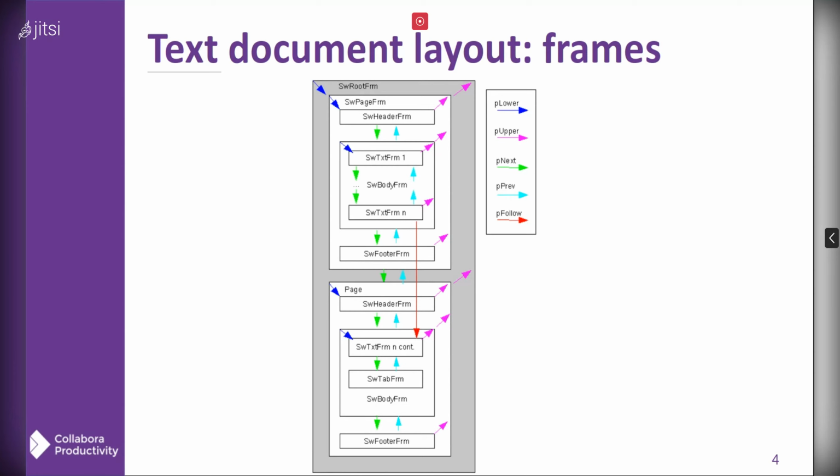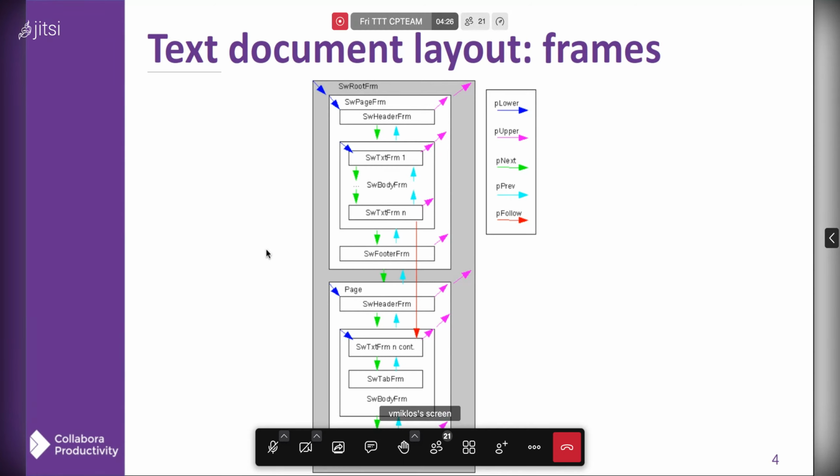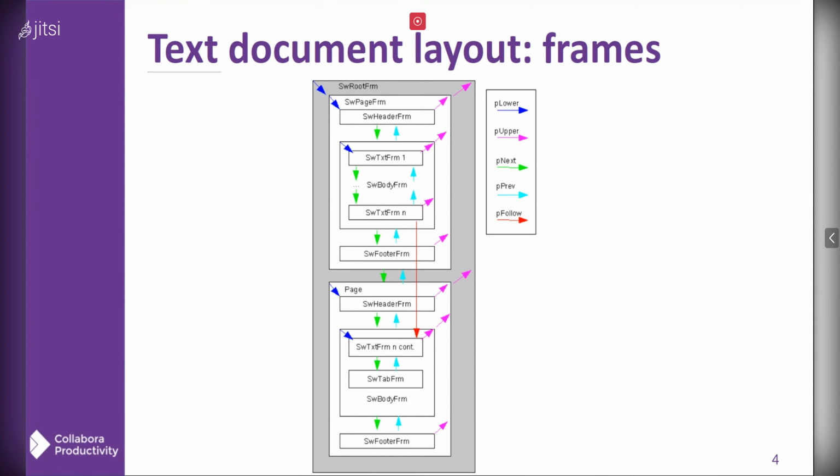Now, how you paint this on the screen is a bit more difficult because on the screen, we want to present things in terms of paginated layout, and not everything in the screen rendering has an equivalent in the document model. So that's a quite expensive calculation. For example, we don't have pages in the model.